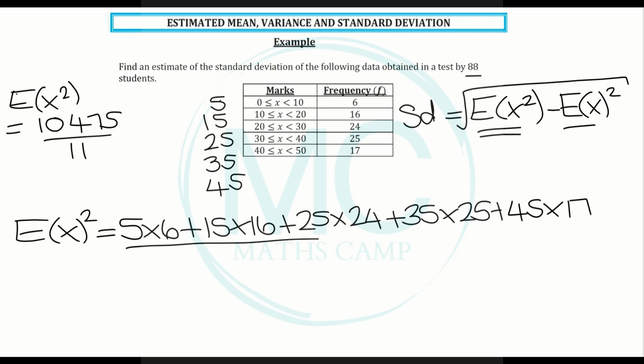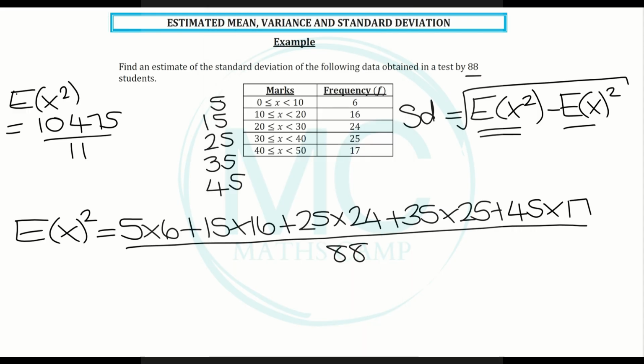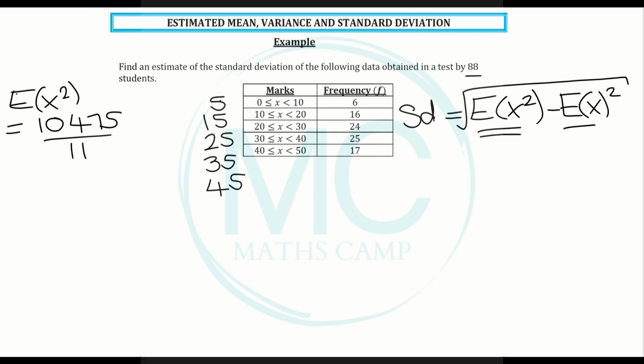And to find the mean, we divide by the total frequency, 88.